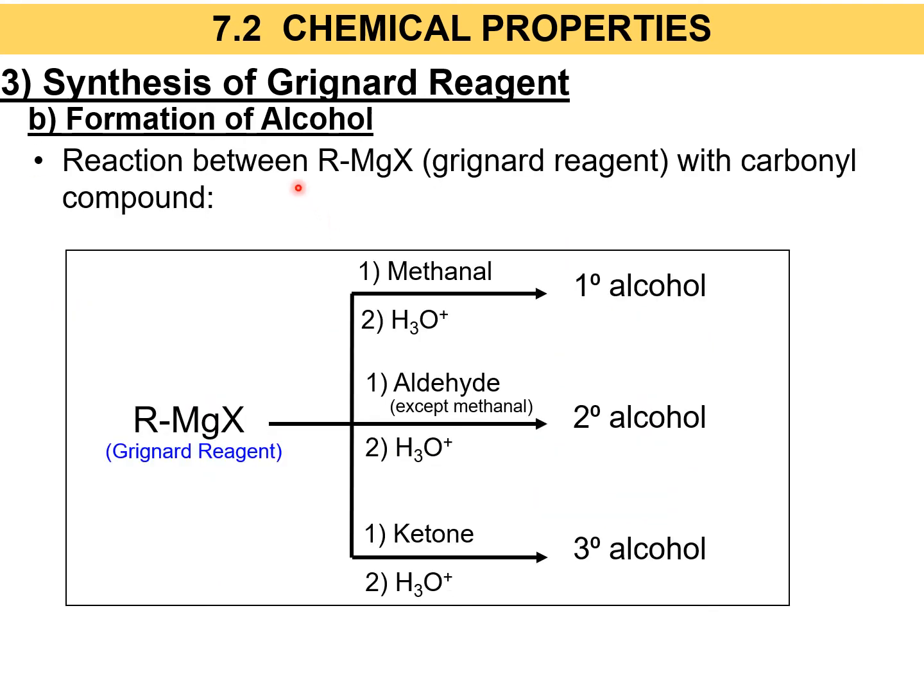Okay guys, next is from Grignard reagent we can form alcohol. Alcohol with different classes pula tu, primary alcohol, secondary and tertiary alcohol with respective reagents. Okay, kat sini kan, kenapa you wajib letak 1 dan juga 2 atas arrow ni? It is because it wants to show that Grignard reagent ni memula dia react dengan methanal, lepas tu dia buat hydrolysis.